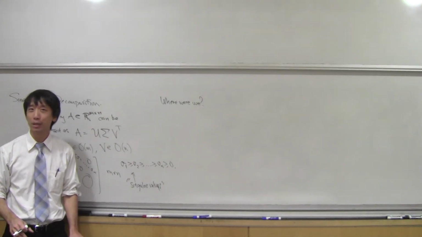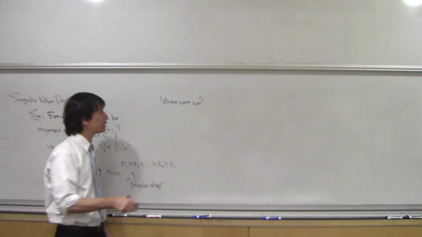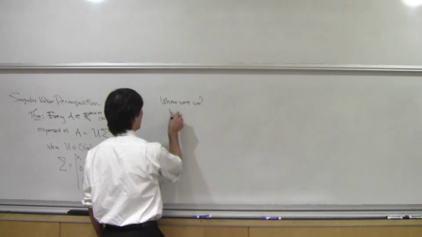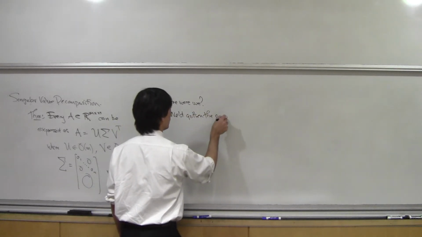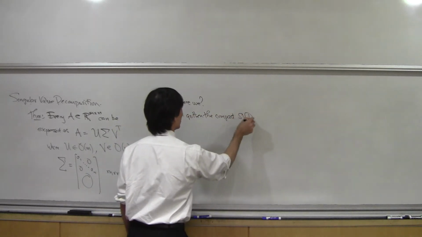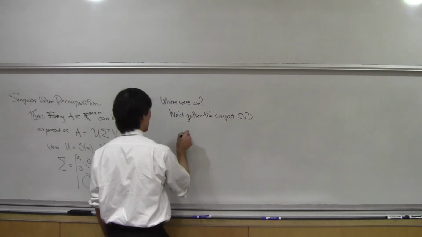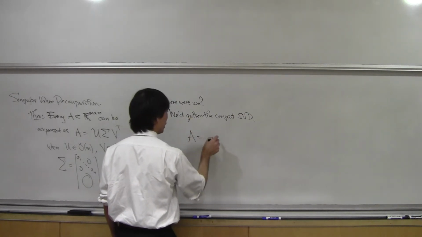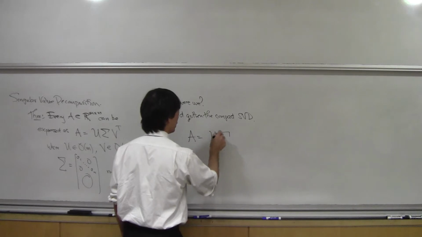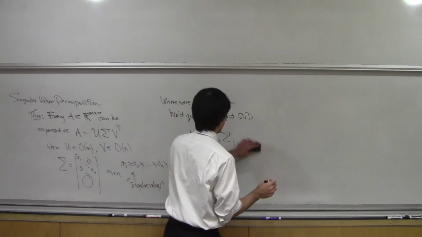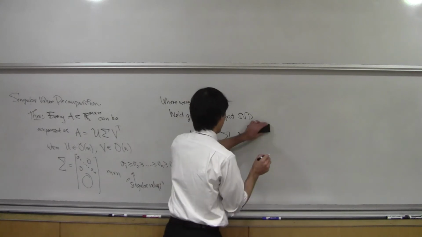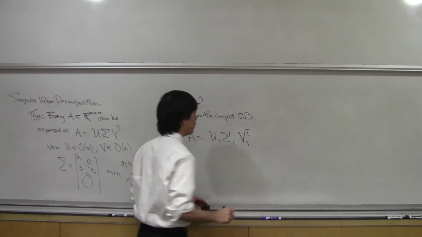We had gotten the compact singular value decomposition. A equals U1 sigma 1 V1 transpose, right?